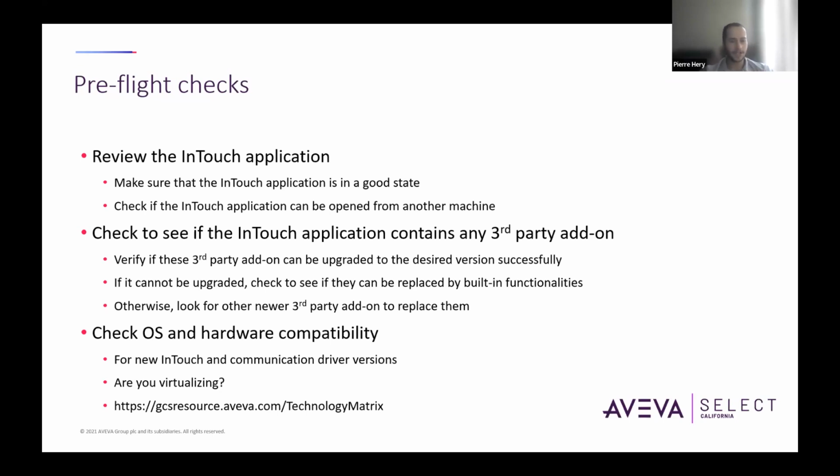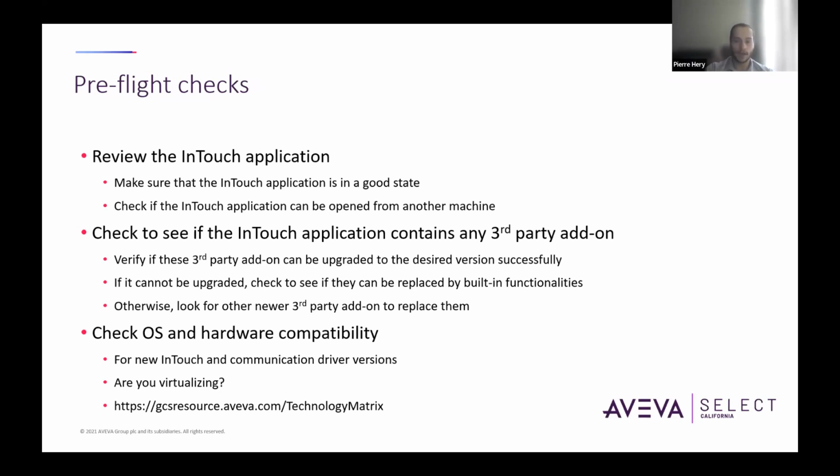And the next big check that I would make, which is often overlooked, is third-party add-ons. If you're using third-party add-ons or .NET controls or ActiveX controls, these features aren't necessarily maintained by Aveva, and there's no guarantee from us that they're going to be supported with the new software.